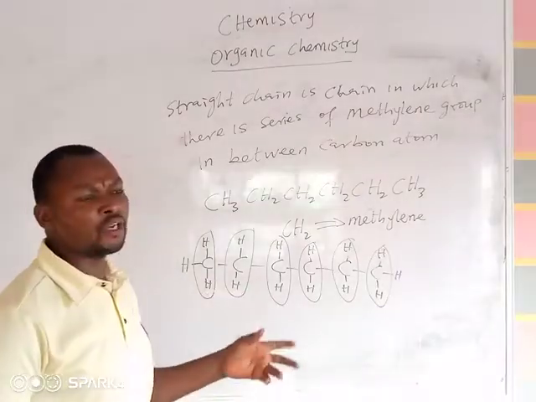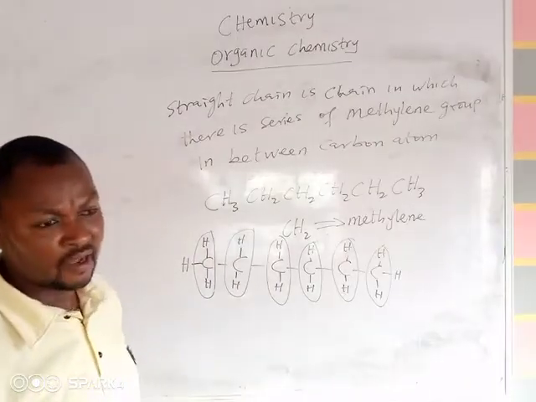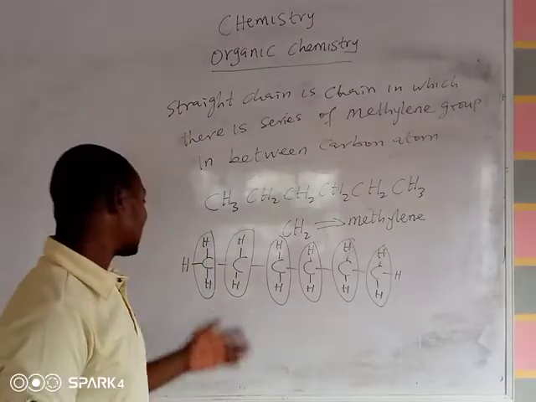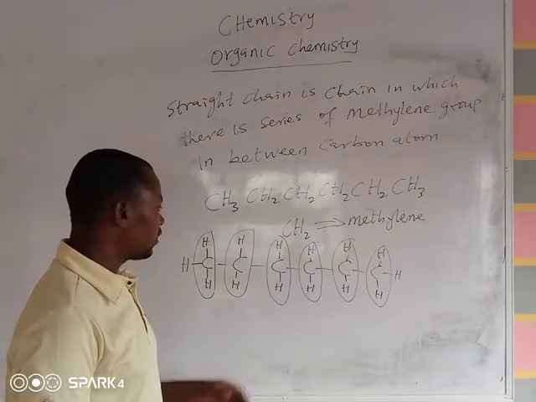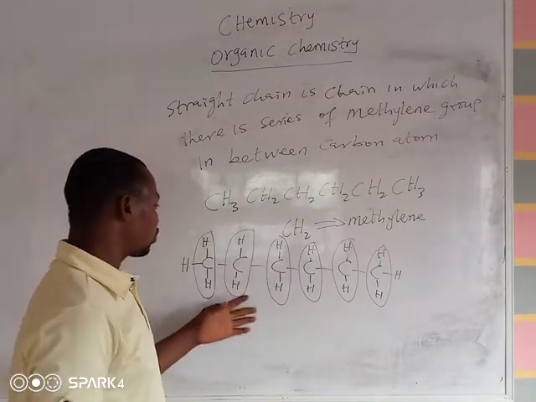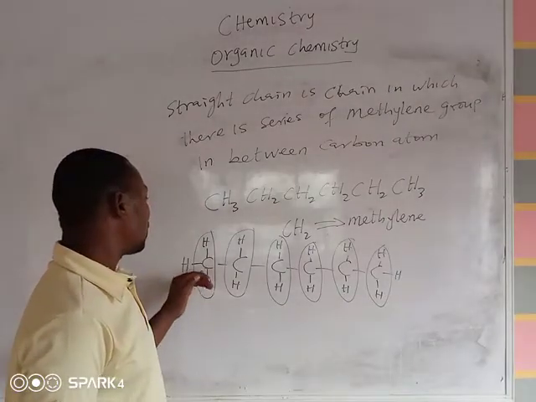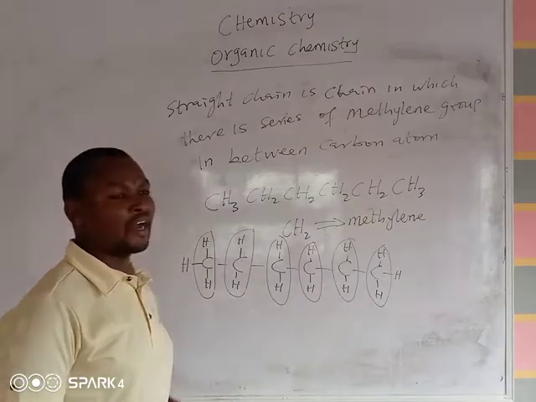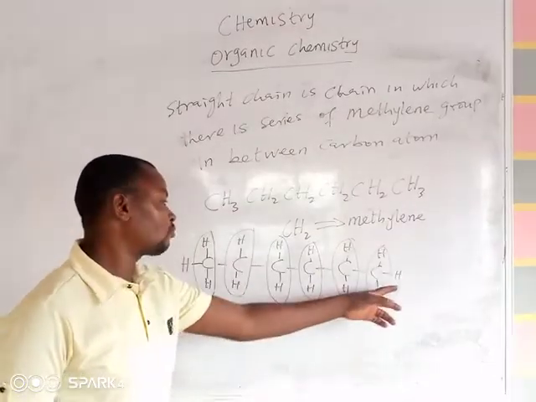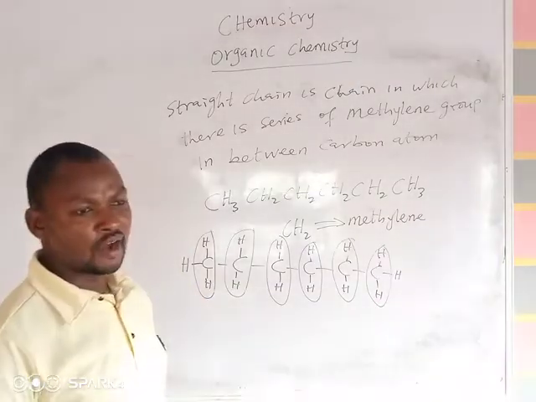But if you have only 1 hydrogen attached to it, that means there should be a substituent, like an alkyl group, that replaced the other hydrogen. Okay? That is what we mean by straight chain hydrocarbon. So straight chain hydrocarbon is what? A series of methylene groups between carbon atoms terminated by hydrogen.